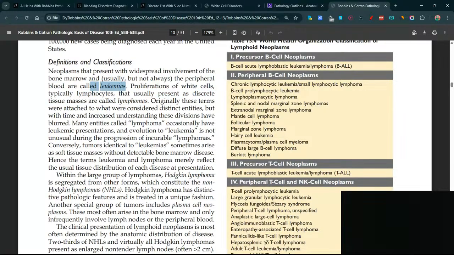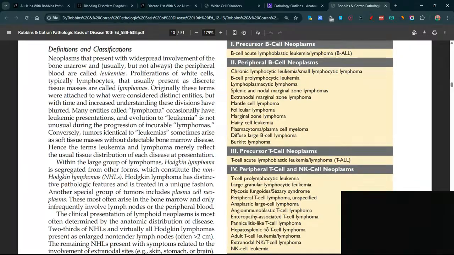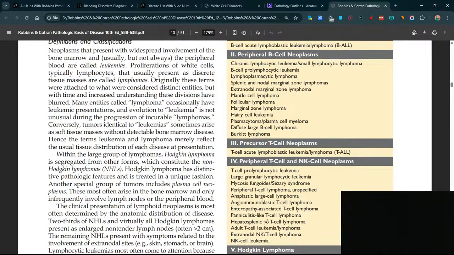Originally, these terms were attached to what were considered distinct entities, but with increased understanding this division has blurred. Many entities called lymphoma occasionally have leukemic presentations. Evolution to leukemia is not unusual during the progression of incurable lymphomas. Conversely, tumors identical to leukemias sometimes arise as soft tissue masses without detectable bone marrow disease.